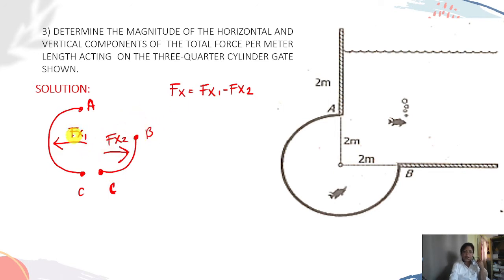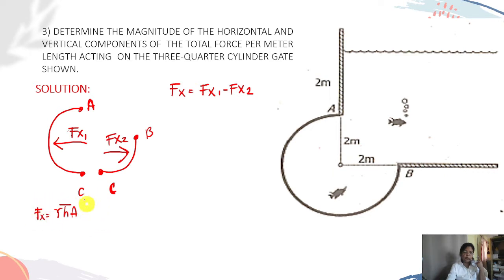Pero since importante sa atin ang sign kung saan papunta yung direction, so mahalaga na kunin natin siya as difference. So i-take natin as positive force yung papunta sa left. So, assuming that. Okay? So, we have here Fx is equal to gamma h bar A.